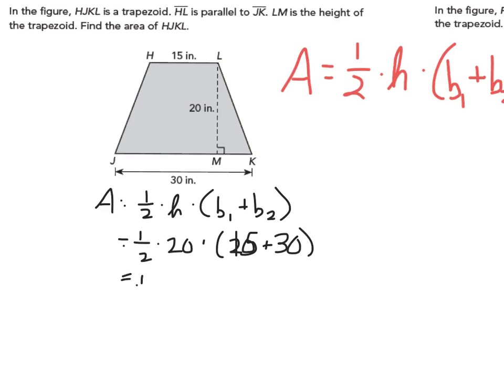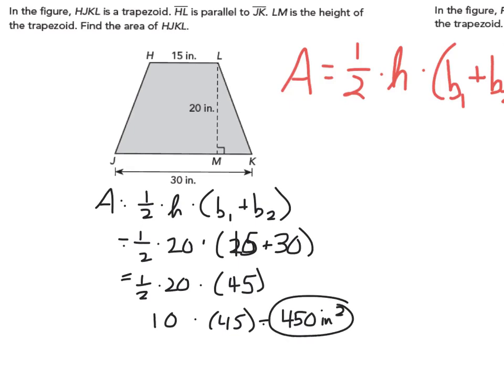That becomes 1/2 times 20 times the combination of those two bases, which is 45. Half of 20 is 10, and 10 times the remaining 45 will give you 450 square inches for its area.